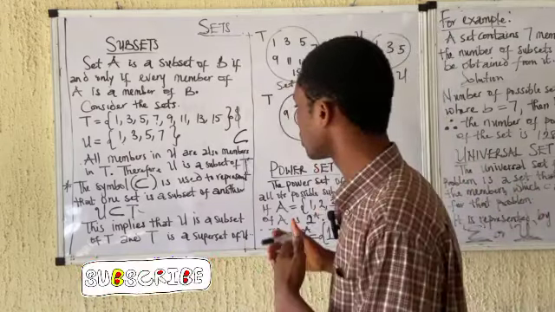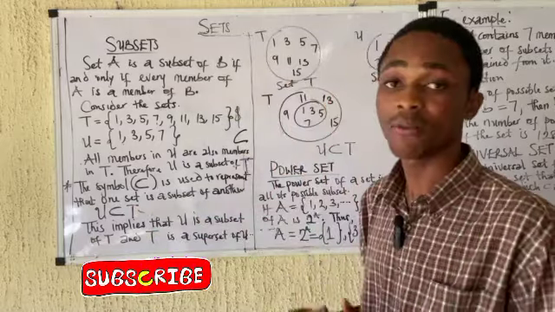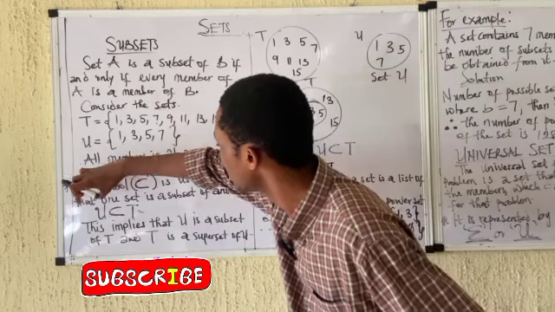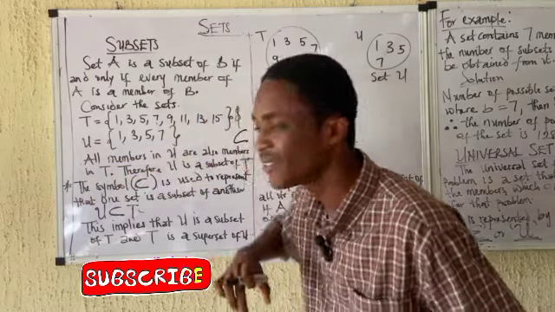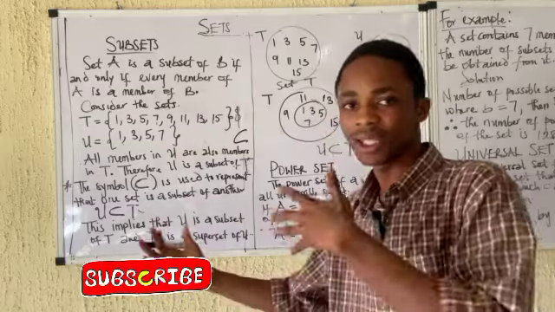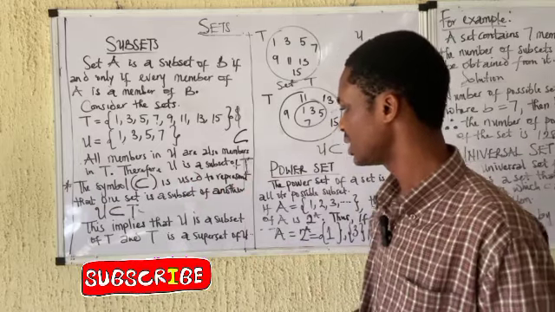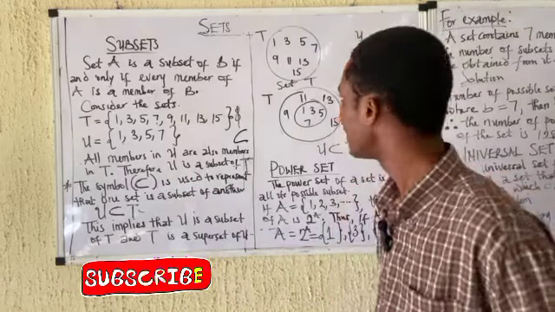It is used to represent that one set is a subset of another. U is a subset of T because all the elements in set U are in set T. This implies that U is a subset of T and T is a superset of U, vice versa.